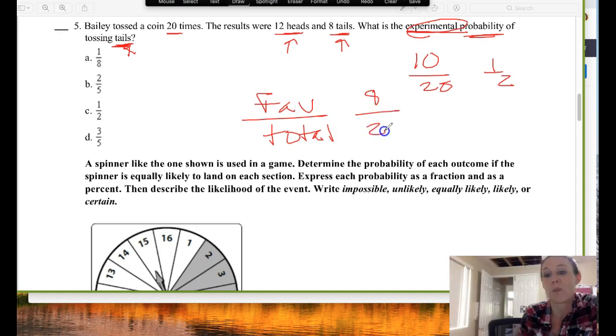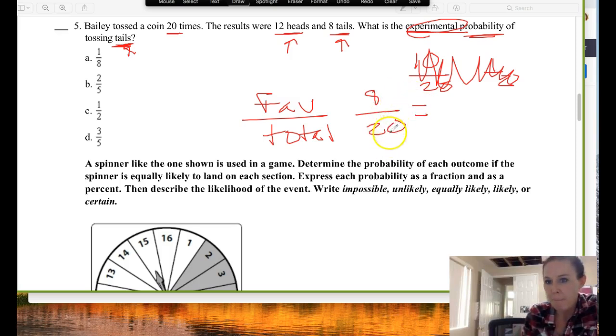And the total was 20. So my experimental probability wasn't 10 out of 20, it was 8 out of 20. That's what I actually got, 8 tails out of 20 total tosses. And you can reduce that. 4 goes into 8 2 times, 4 goes into 20 5 times. So my experimental probability would be 2 out of 5.